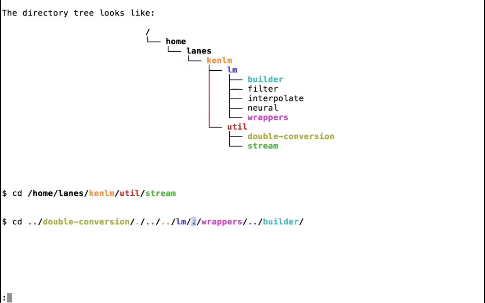And because dot, which we see here in blue, refers to the current directory, ../double conversion/./../../lm/. refers also to lm.